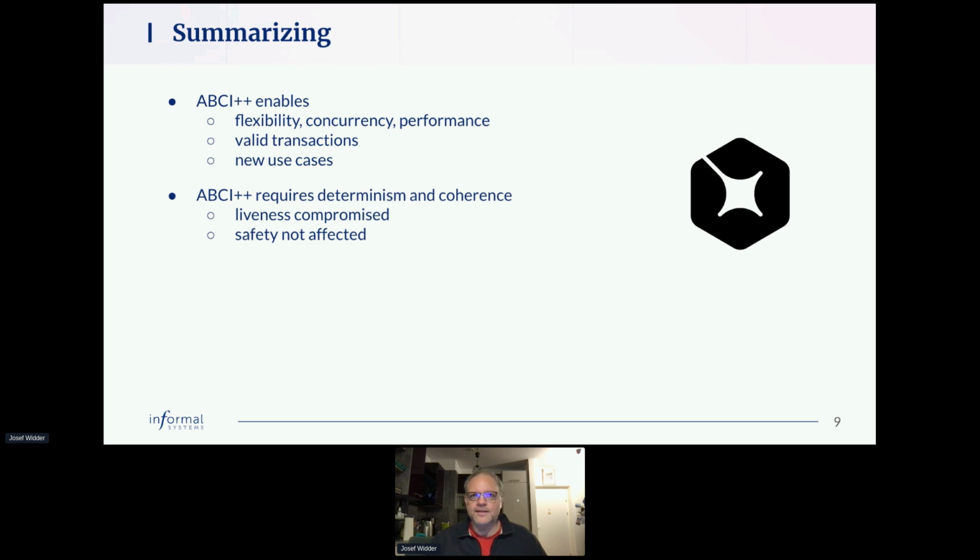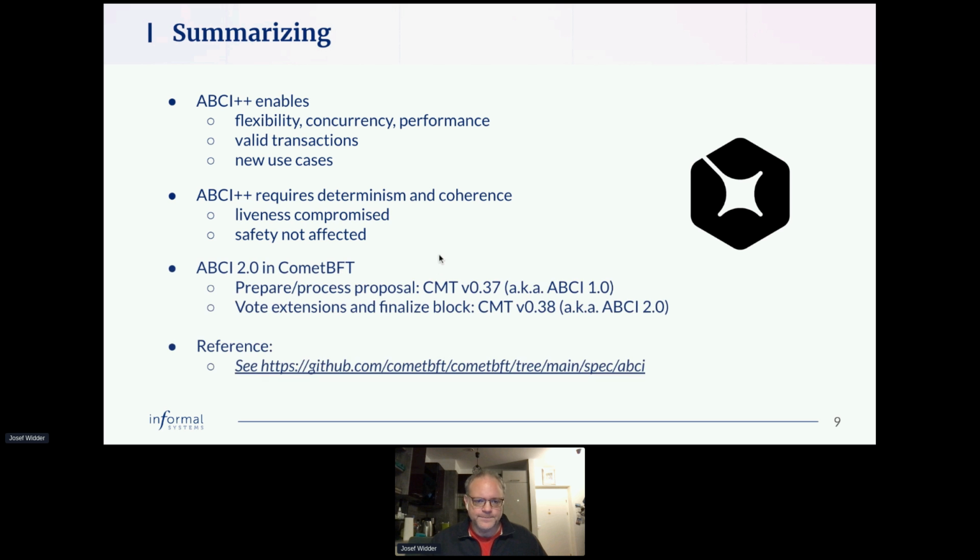It requires that the application is well behaved. Already in the original ABCI, we required the application to be deterministic. And we have also seen problems in practice with non-deterministic applications, but now we have more properties required of the application, so make sure that these are satisfied.